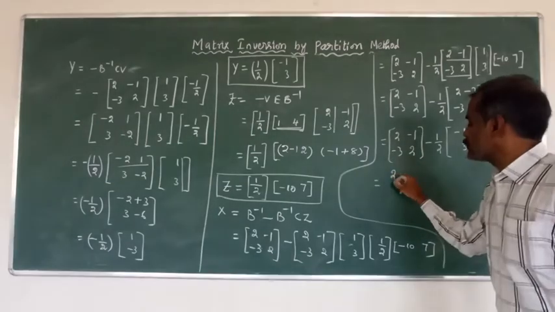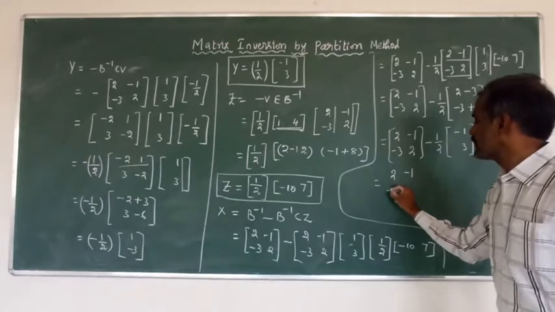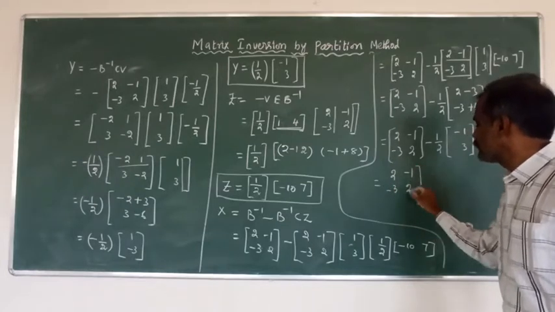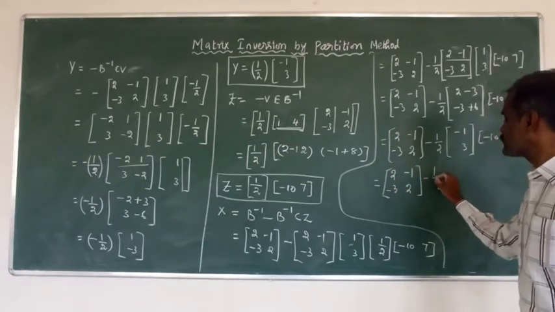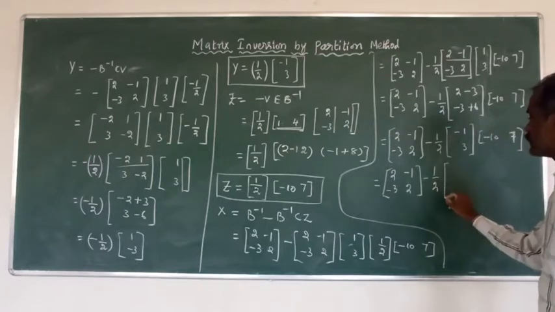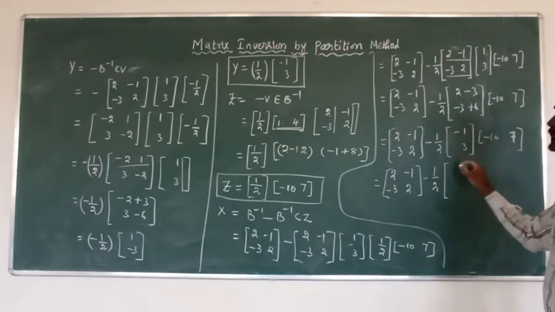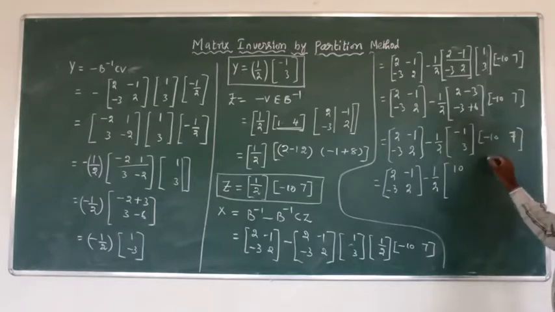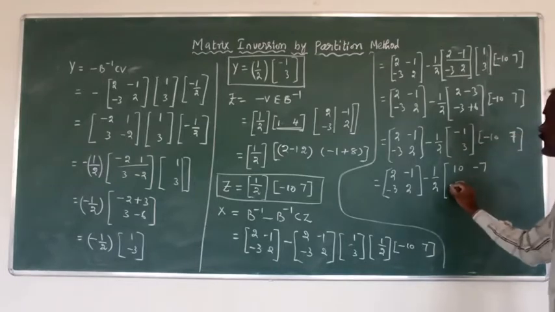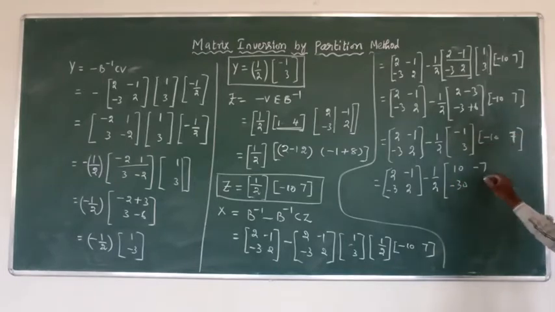So 2 minus 1 minus 3 and then 2. This is for minus 1 divided by 2. We can multiply this one 10, and this is for minus 7. This is for minus 30, and this is for 21.